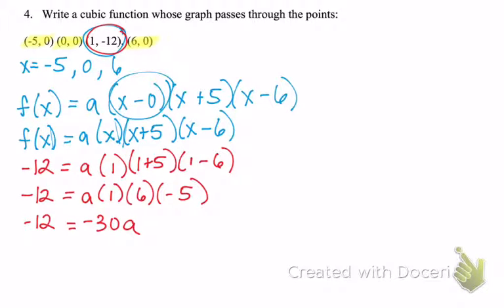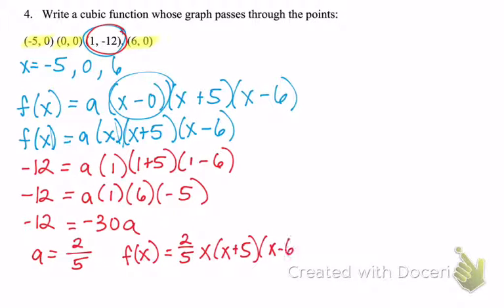Then I divide and I end up getting a equals 2/5. And so my answer in factored form would be f of x equals 2/5 x(x plus 5)(x minus 6). So that would be factored form.